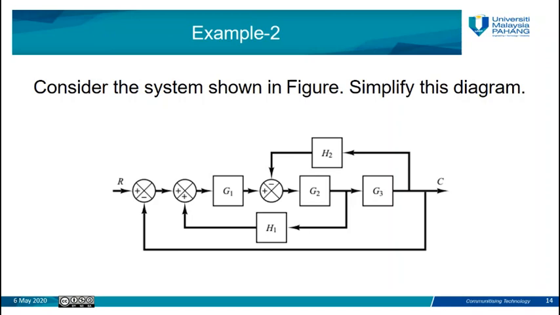Here we have another example also. In this example, we are also going to see how we can simplify this block diagram, by using the reduction technique, into a single block with a single transfer function.